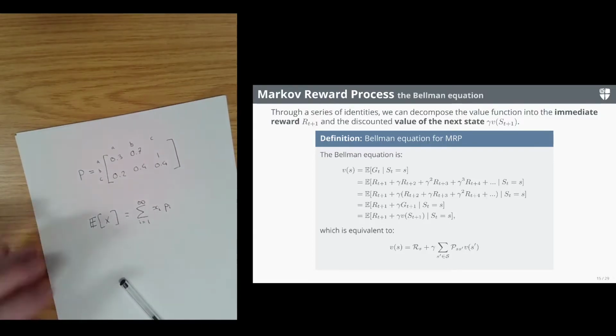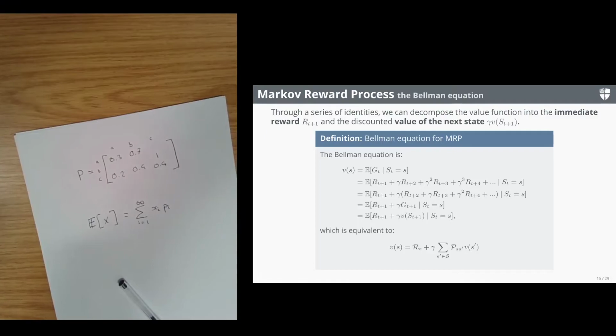So we can actually integrate with respect to this probability of the next state. So the value of the transition, replacing that expectation here by summing over all of the discrete states, the probability times the value function at the next state.